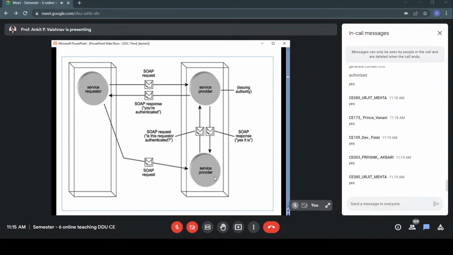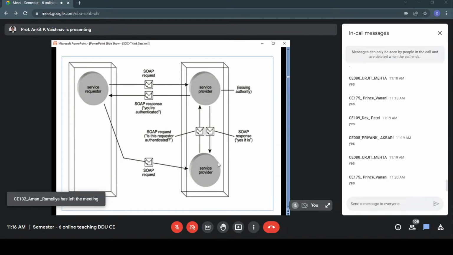Now, if you contact this provider once again, it will not even ask the issuing authority because it already has the security context available. So can we say that we have ensured loose coupling by doing all these things? Yes. One time you have to contact the issuing authority, and then once you get the context, you are done.